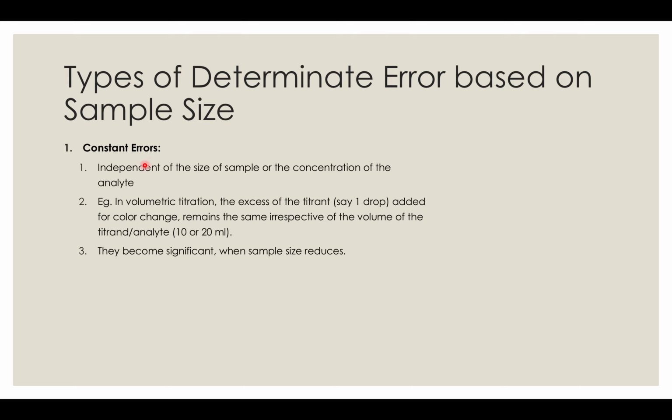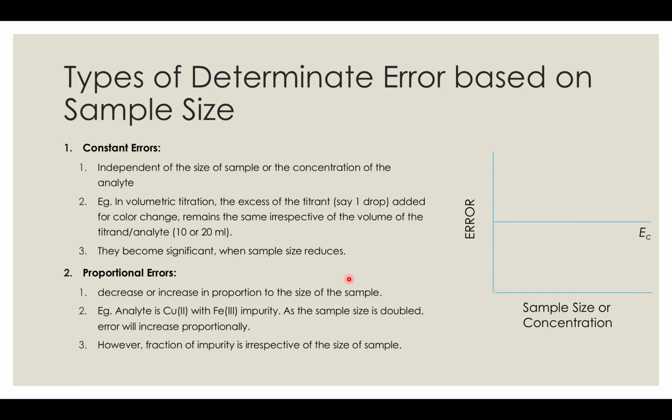So it becomes significant when you reduce the sample size. If you plot a graph between the error and the sample size, the constant error would be a kind of constant line, because it's independent of the sample size.